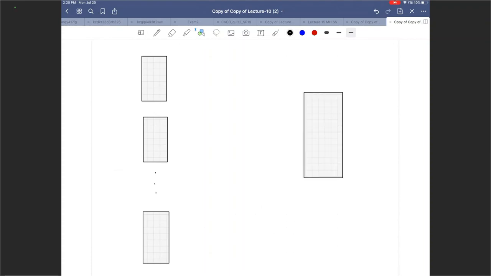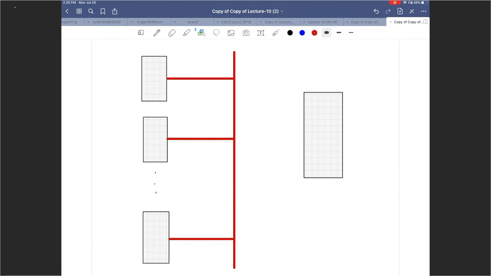And in the middle, you have an 8-bit bus, right? So this is connected here. Everybody is connected to this. And even this guy is connected to that, the input.